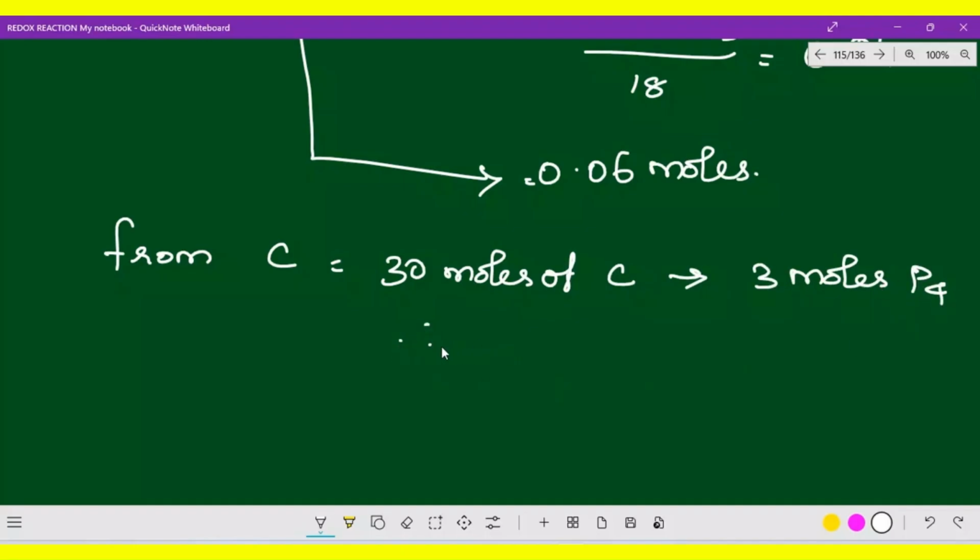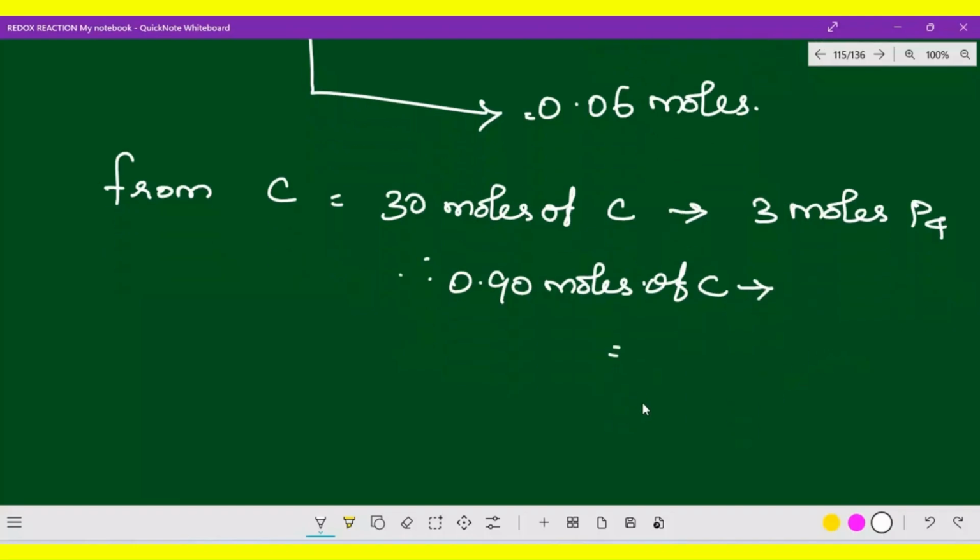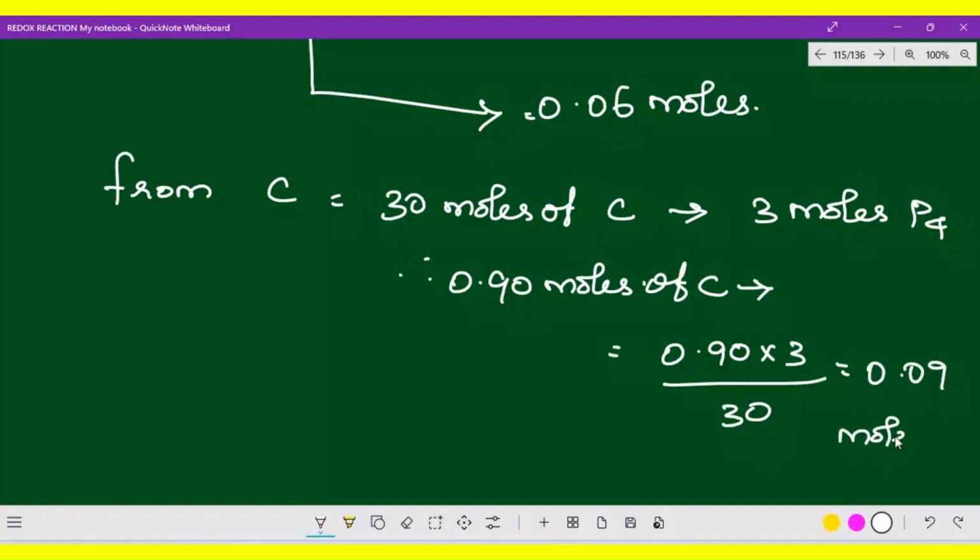Therefore, in the question, 0.90 moles of carbon can provide how much? The same cross multiplication: 0.90 into 3 divided by 30. So how much will you be getting? The same, 0.09 mole of P4. So from carbon this is only 0.09 mole.